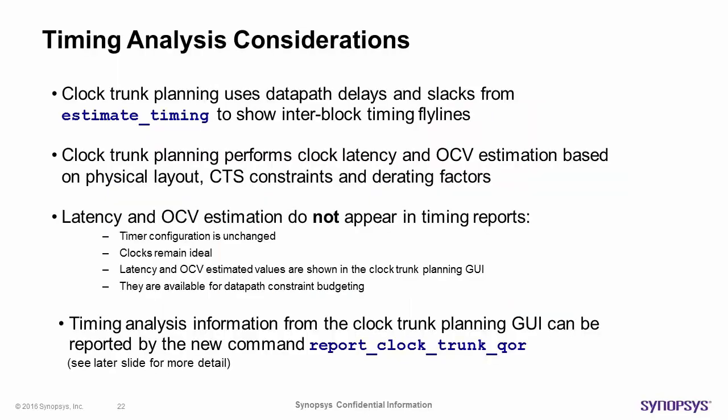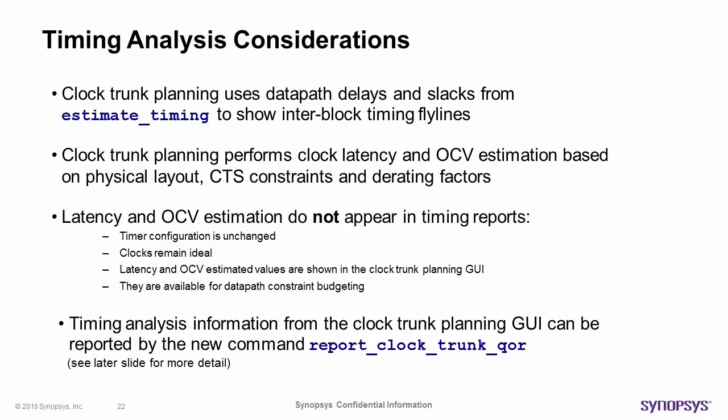Clock trunk planning uses data path delay and the Slack from estimate timing to show inter-block timing file lines. The clock trunk planning performs clock latency and OCV estimation based on physical layout, CTS constraint, and derating factors. The latency and OCV estimation do not appear in the timing report, so timer configuration is unchanged.